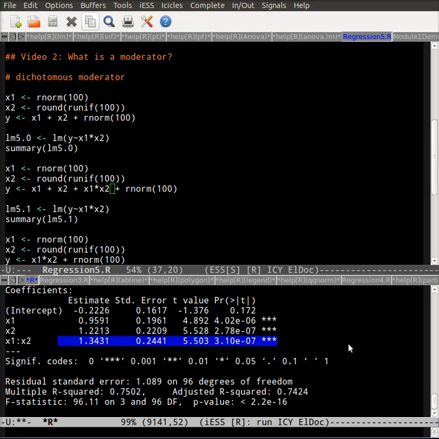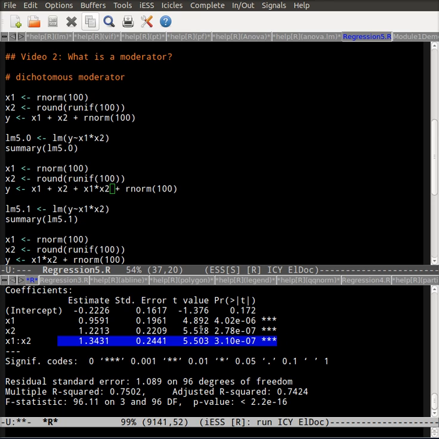Well, it's because the interaction is telling us something very specific about our dependent variable. It's saying that the omission of either x1 or x2 does not tell the complete story of y. And the reason for that is that x1 and x2 combined are a significant predictor of y.